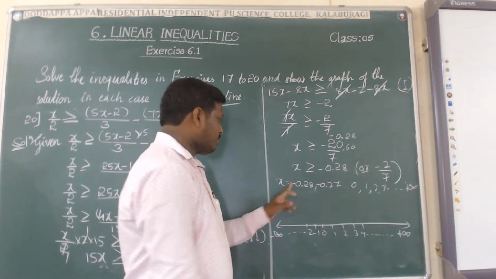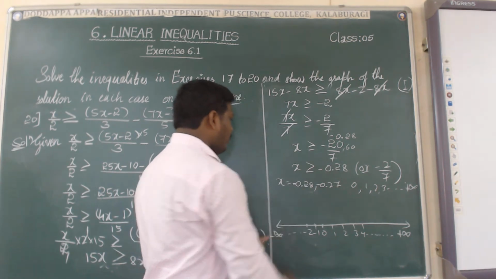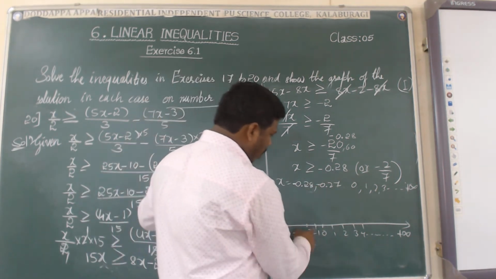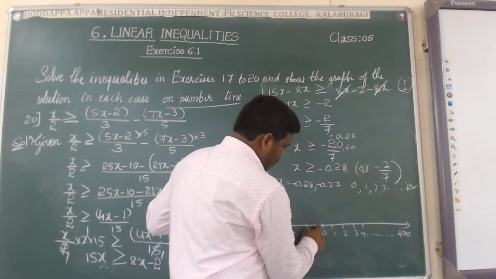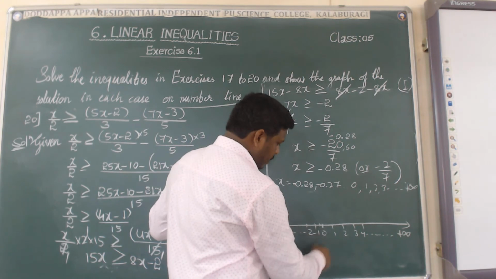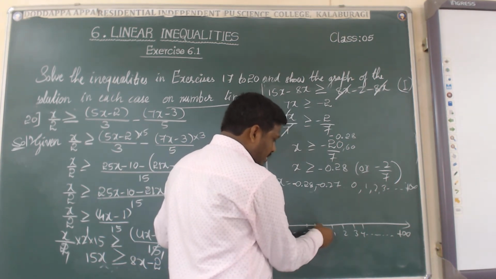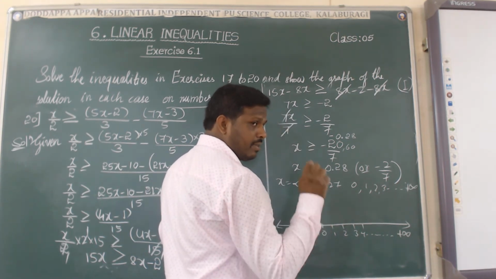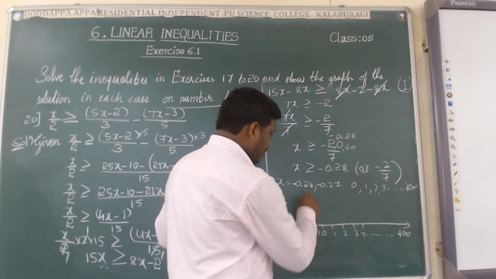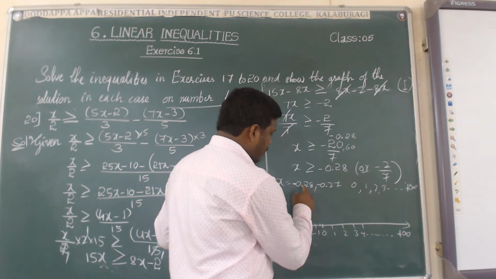So where will minus 0.28 come on the number line? Here 0 is there now. Minus 0.28 will be coming here, in between 1 and 0, before 0.5 only.